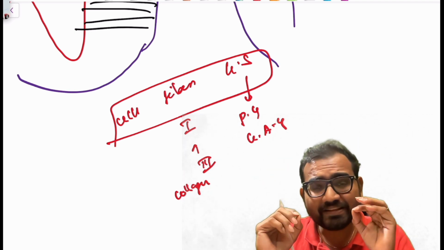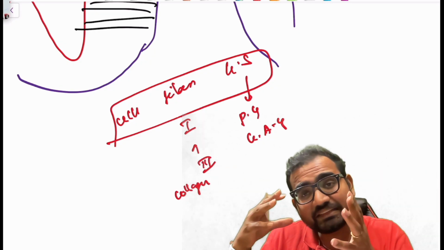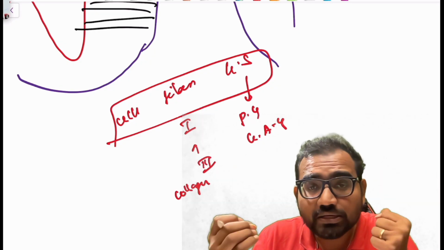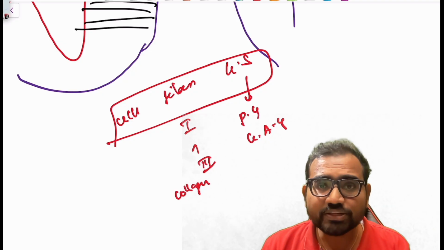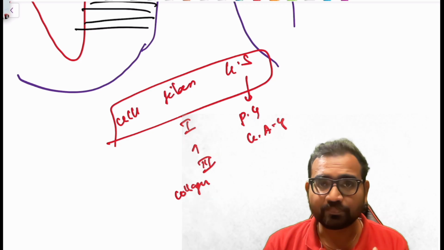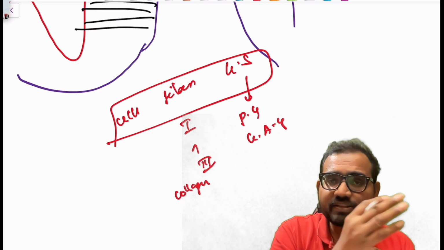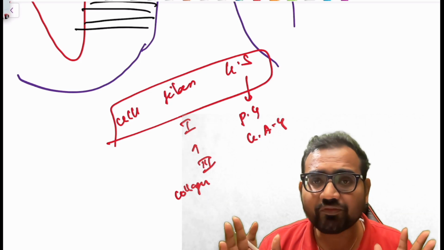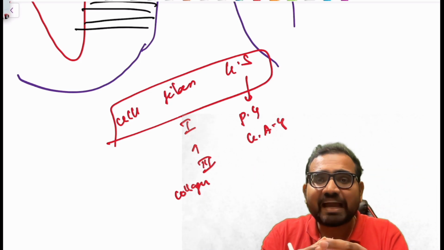So now what happens? The bacteria has entered, the bacteria has crossed the junctional epithelium, it has entered the connective tissue. Why? Because junctional epithelium is a semi-permeable membrane. Now what will the bacteria do? It will try to destroy all these, the cells, fibers, and the ground substances in the connective tissue. So it releases endotoxins, it releases collagenases, it releases gelatinases, all those things with the help of MMPs. So now the connective tissue structure is damaged, right?